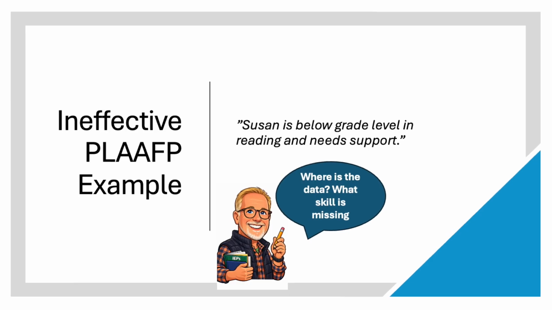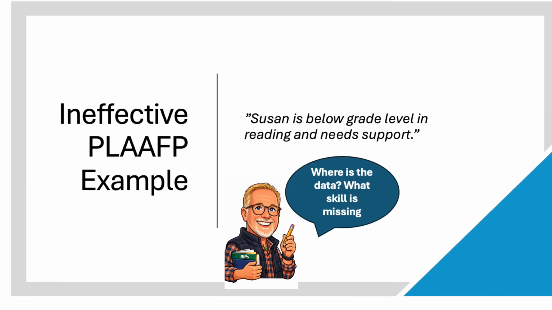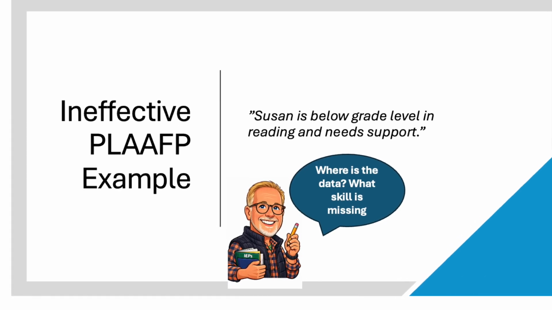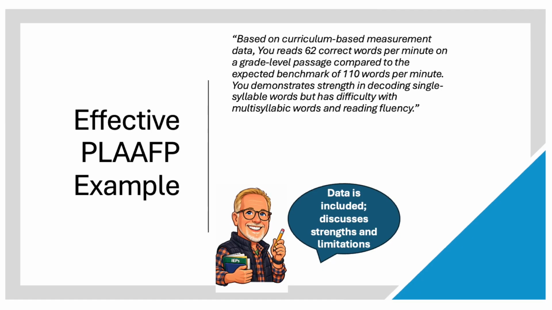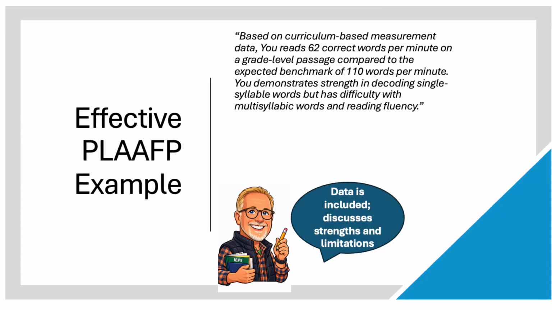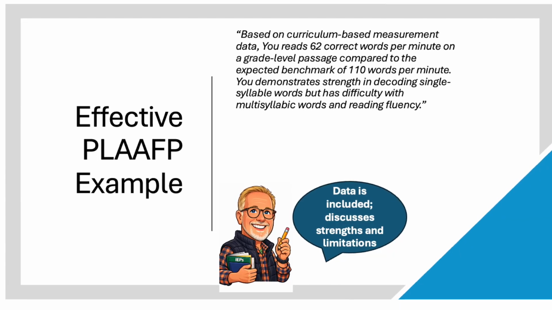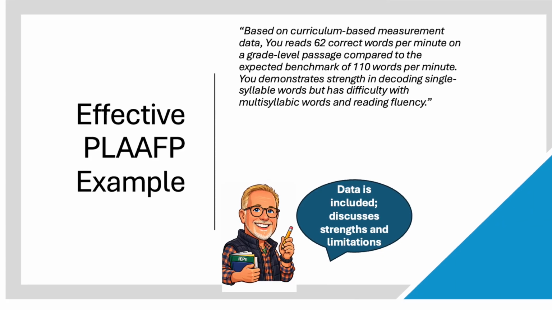So here's a weak PLAAFP example. Susan is below grade level in reading and needs support. I see no data, no skills, no direction. So let's turn that into a strong PLAAFP statement. Based on curriculum-based measurement data, Susan reads 62 words per minute correct on a grade level passage compared to the expected benchmark of 110 words per minute.